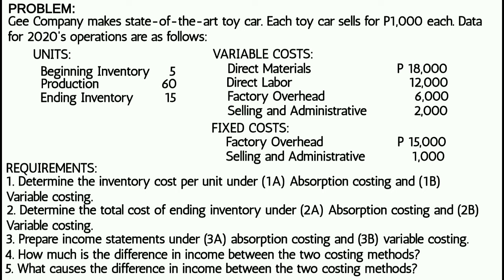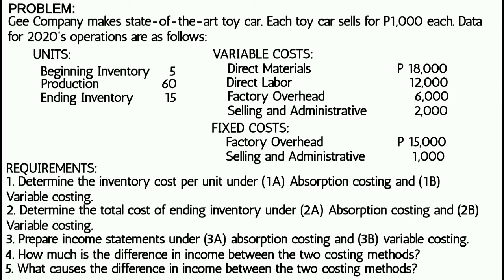Requirement number 1, determine the inventory cost per unit under absorption costing and variable costing. Requirement number 2, determine the total cost of ending inventory under absorption costing and variable costing.